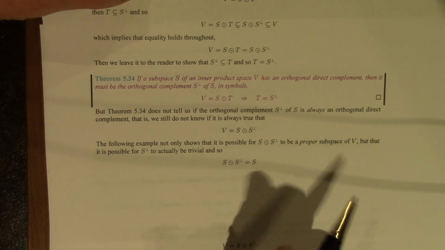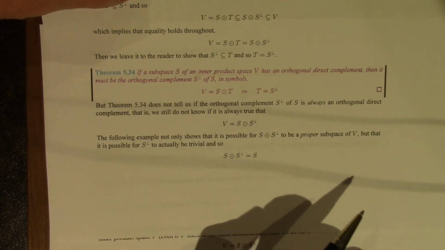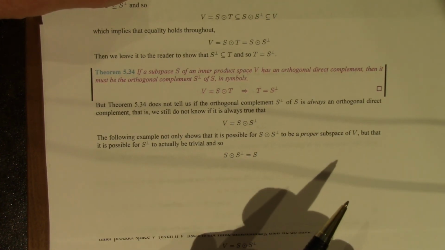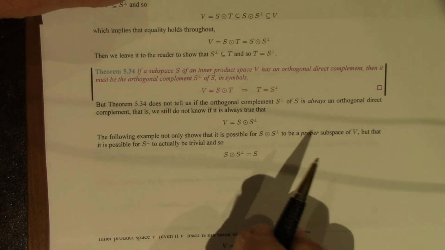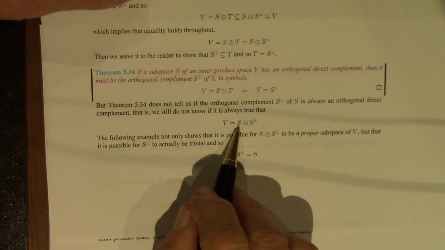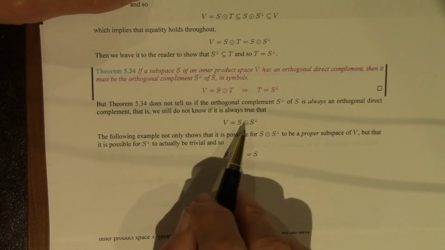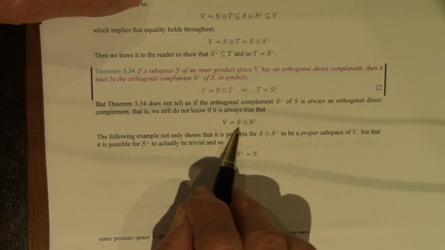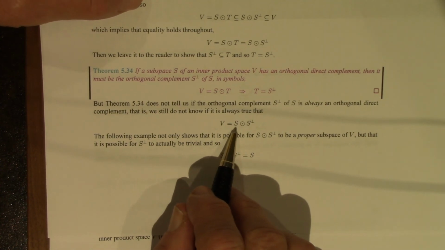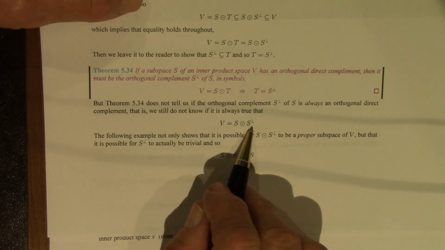Well, I should say unfortunately, it just happens to be the case that it does not always hold. As a matter of fact, it's possible in some inner product spaces that S is a non-zero, non-trivial, proper subspace of V, but S perp is trivial.